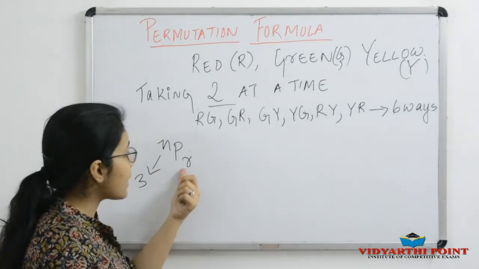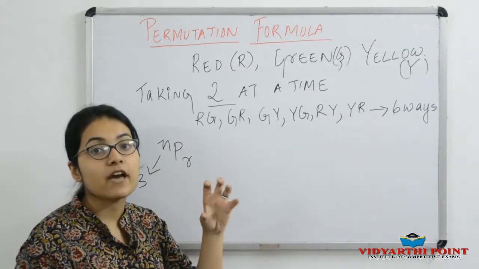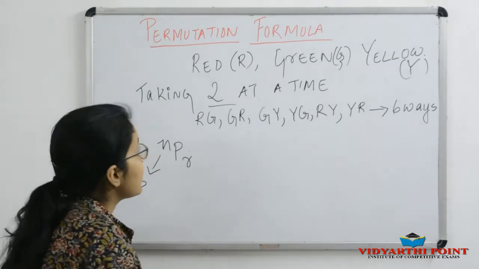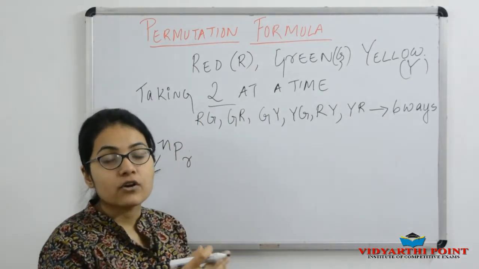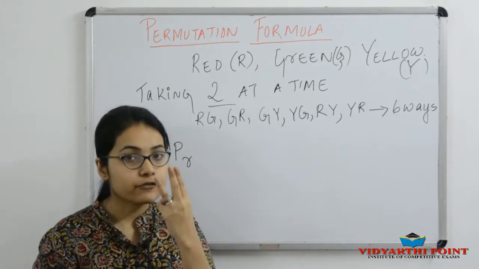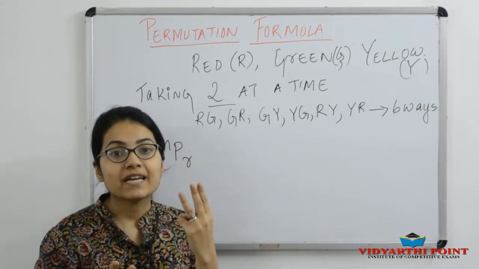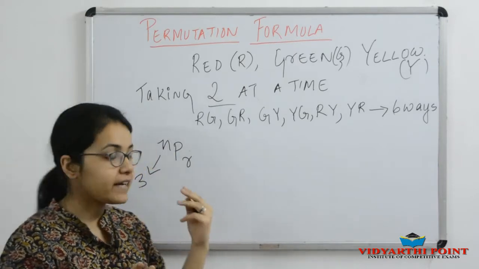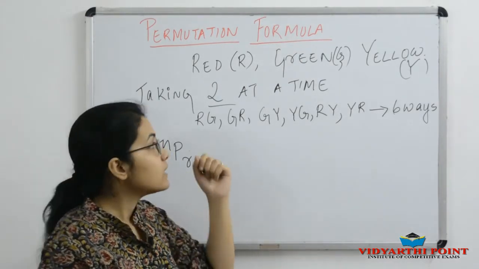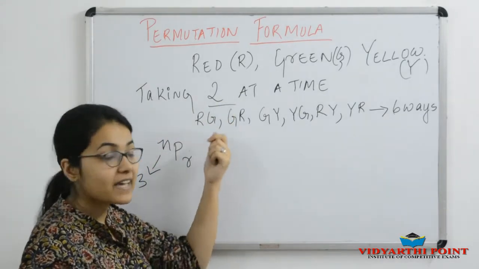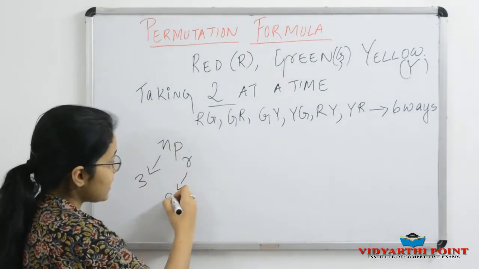Now what is R? R is the number of items that we have to take for the arrangement. Here we are taking two at a time, out of 3 we are taking 2. 3 is the number of available items which is denoted by N, whereas R is the number that we have to take, that is, taking 2 at a time. Here 2 will be R.